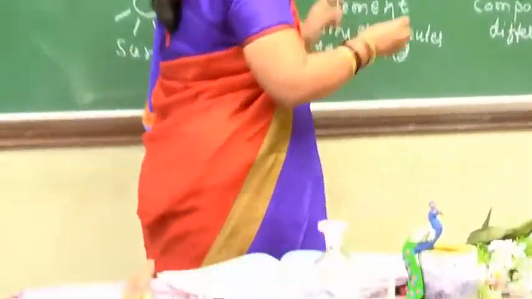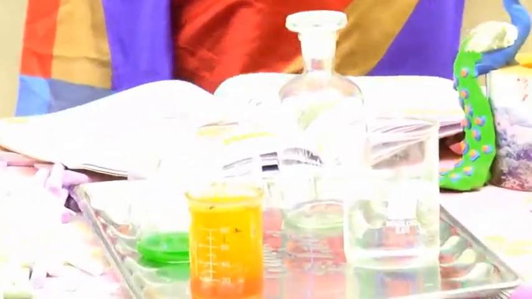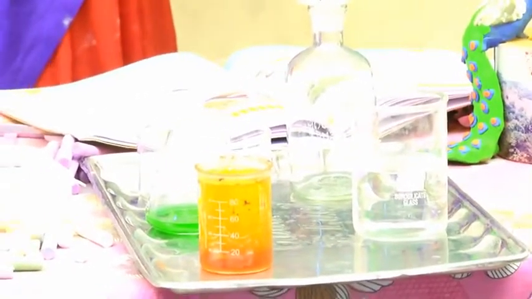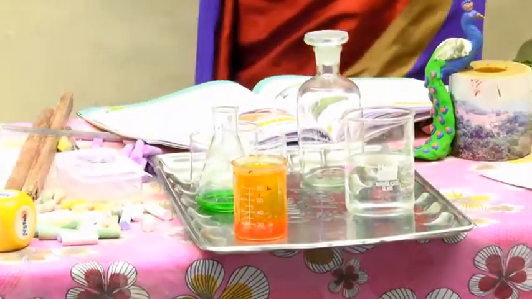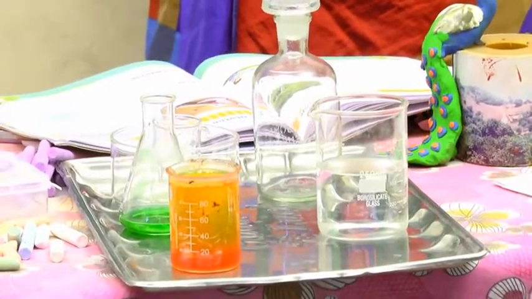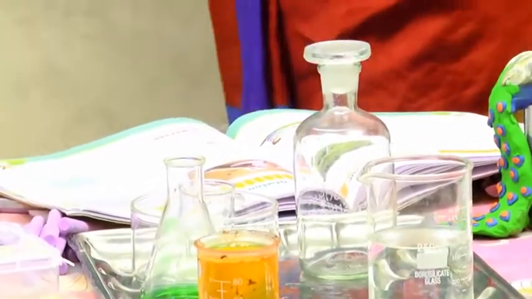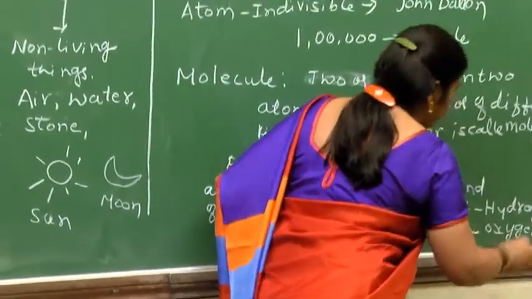So how do we write water? We write it using the symbol H2O, and you are familiar with this. What is this H? H is hydrogen. Hydrogen is an element. What is O? It is oxygen. Oxygen is also an element.